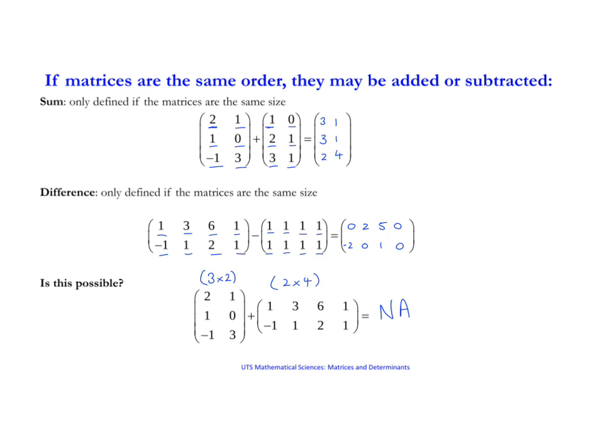It's not possible as the size is different. Just because the size is different, you can't do it. So matrix addition and subtraction requires the same order or same size matrix. Any questions? Straightforward stuff here.